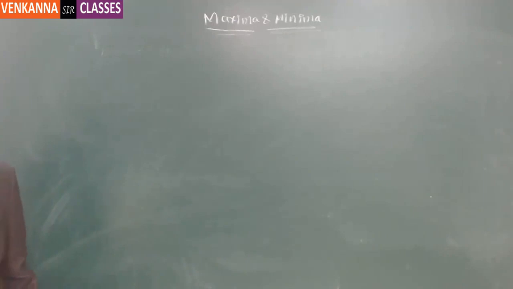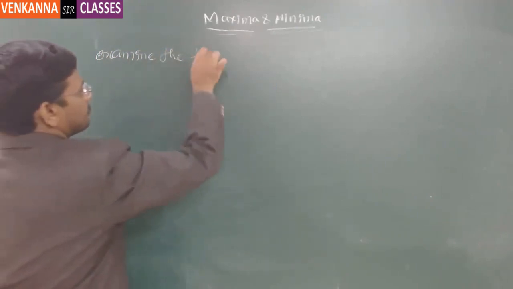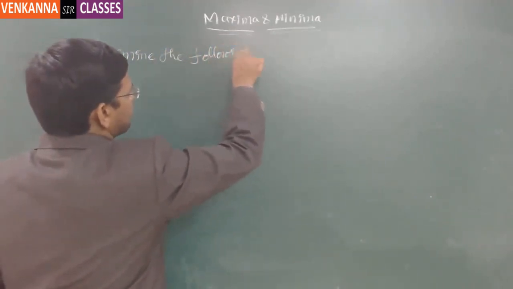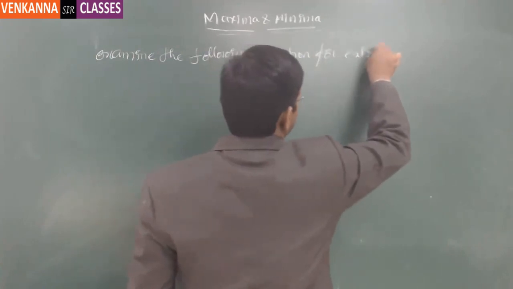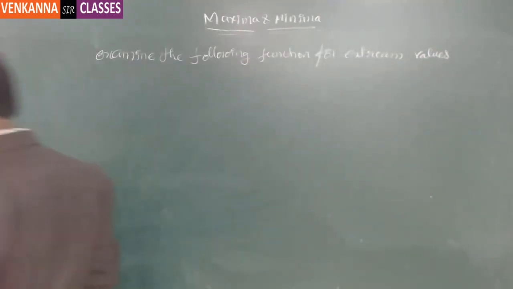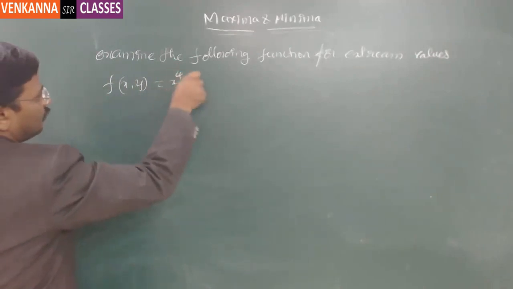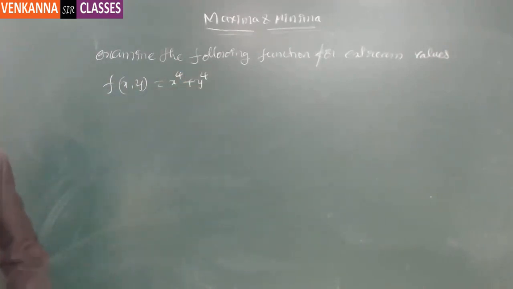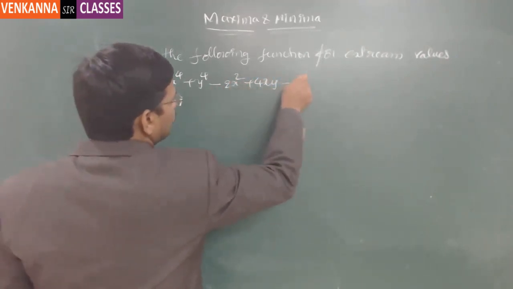Examine the following function for extreme values. The function is f of x comma y is equal to x power 4 plus y power 4 minus 2x square plus 4xy minus 2y square.